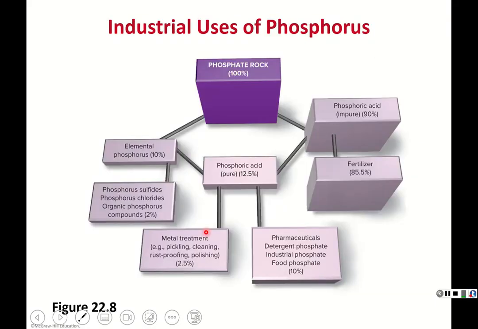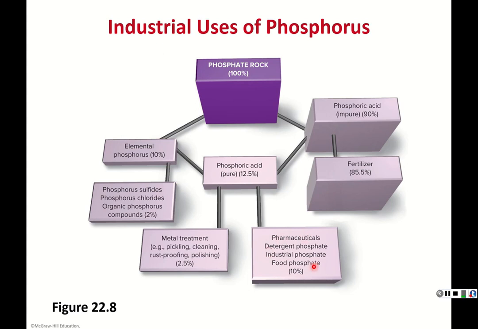Industrial uses of phosphorus, by a vast majority of it, is used for fertilizers. The other smaller portions, phosphoric acid, is used for things like pharmaceuticals, detergents, food.